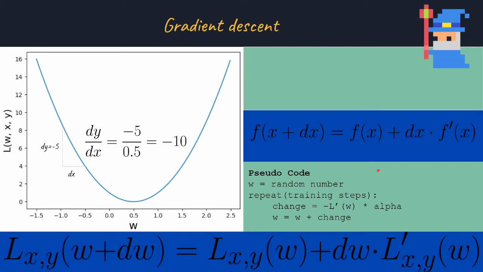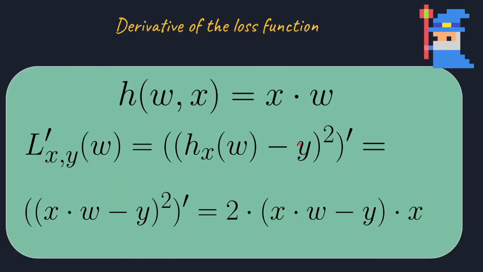We want quite the opposite, so that's why I put an alpha there, so we make the step smaller, so that we don't jump over the global minimum and just keep bouncing. That's why we have that alpha.